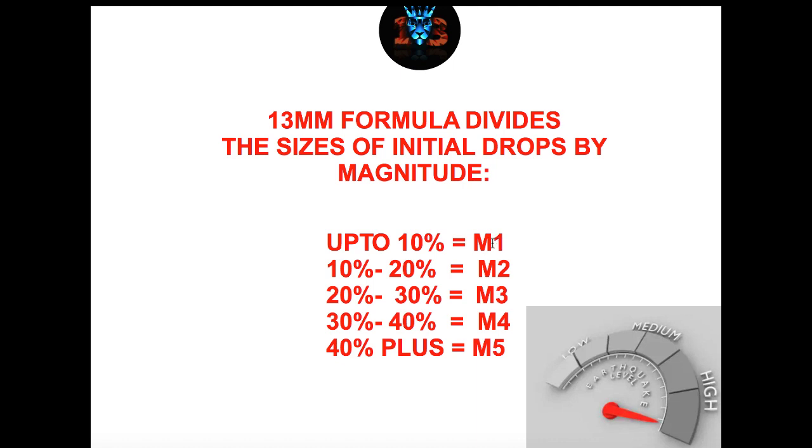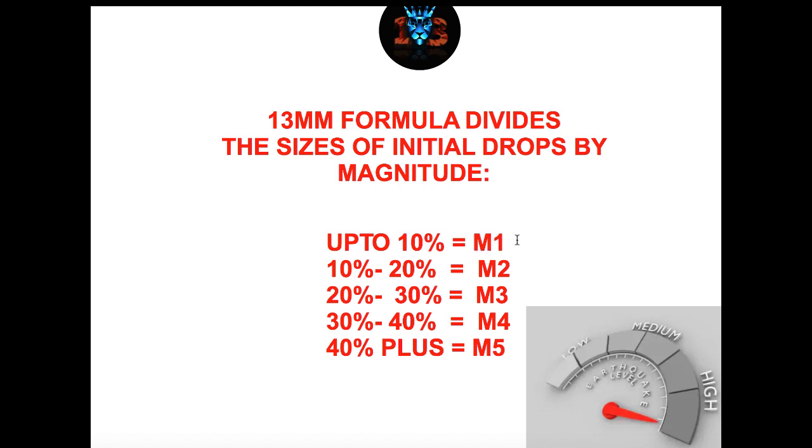So if the magnitude of the move, the size of the move, is up to 10%, we'd assign M1 to that. 10 to 20% would be M2, 20 to 30% M3, 30 to 40% drop would be M4, and 40% plus would be M5. Those are going to be highly, highly rare instances.